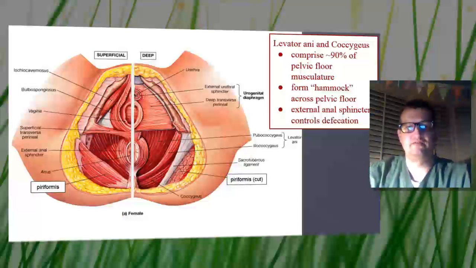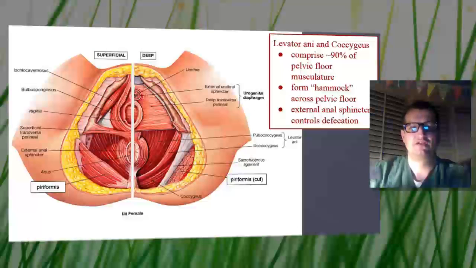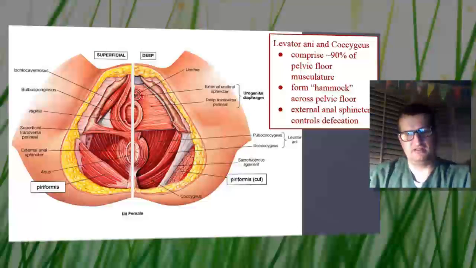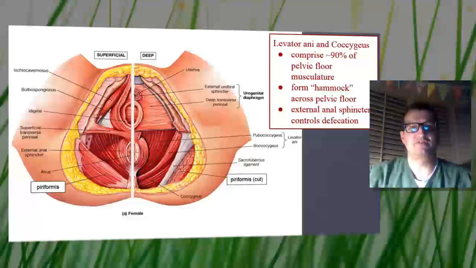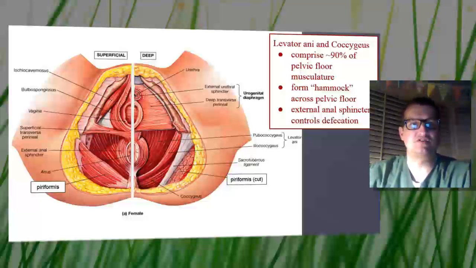The previous slide was actually if you were standing looking down into the pelvis. This is as a person is looking externally. So during a pelvic exam or during childbirth, this is essentially what is visible, and you have the superficial and deep shown here.